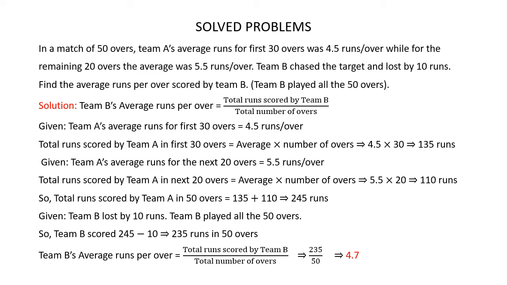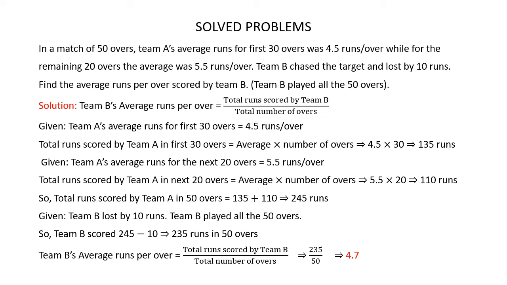So total runs scored by Team A in the first 30 overs is equal to average multiplied by number of overs, which is 4.5 multiplied by 30, which gives us 135 runs. So the total runs scored by Team A in the first 30 overs is 135 runs.